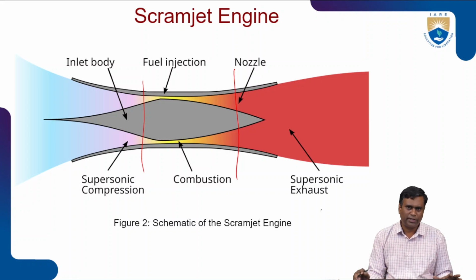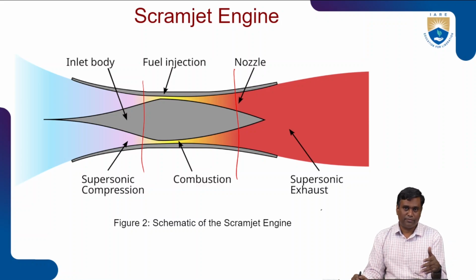And in both cases, inlet design is very crucial. They should handle supersonic speeds. In the case of scramjet, it is a little tougher and more complex, because the placement of shock waves is crucial in both cases.